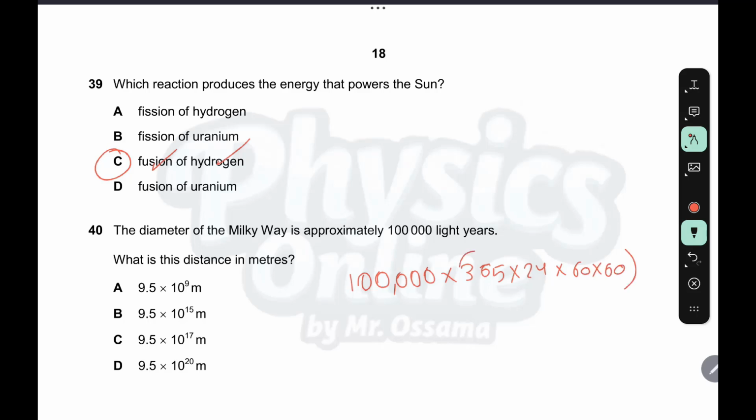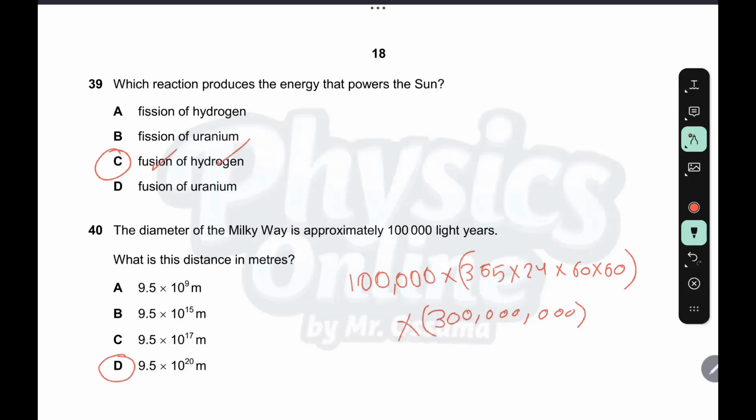This is to change light years to seconds. Then multiply by the speed of light in 1 second, 300 million meters per second. It gives you about 9.5 times 10 to the power 20.